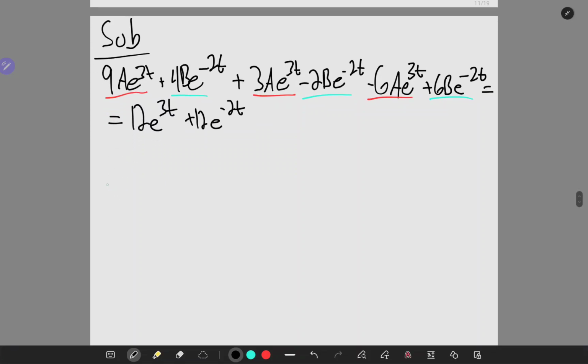So 6a e to the 3t. We have 4 minus 2 plus 6 is 8, I believe. Plus 8b e to the minus 2t is equal to, and I'm just going to rewrite this part.